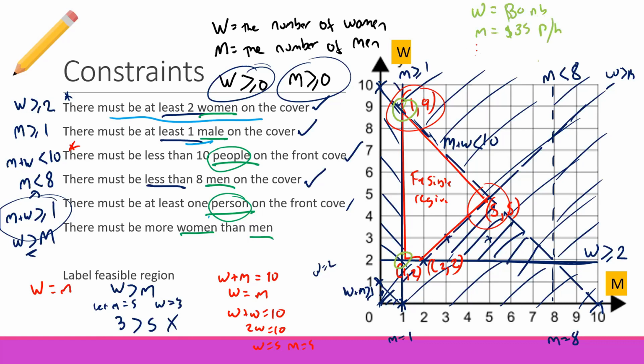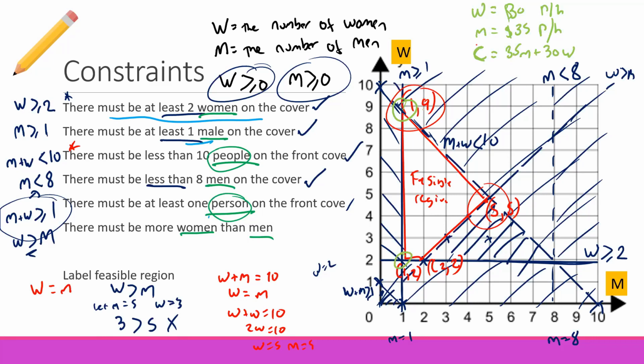So you could use this to make an objective function. You could say the cost of the cover is going to be 35M plus 30W, and you could use that to find out which will be the cheapest cover.